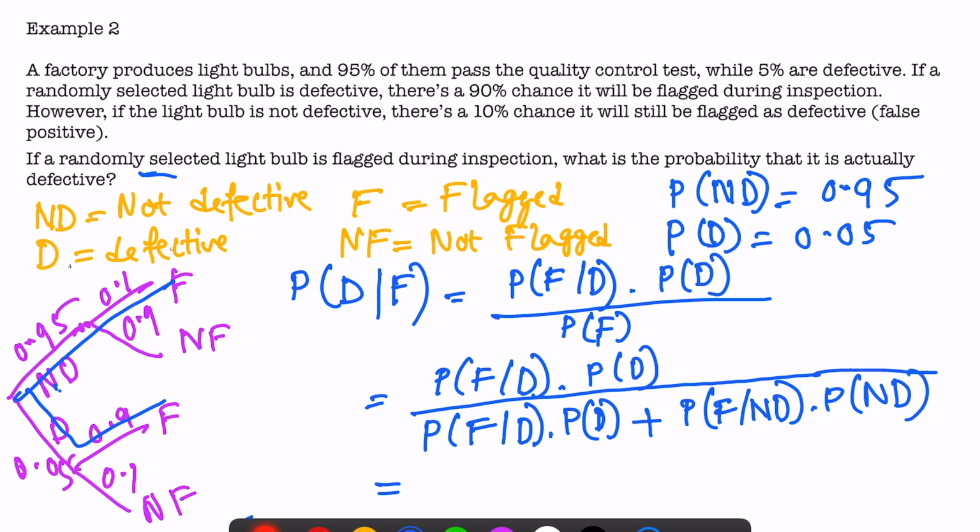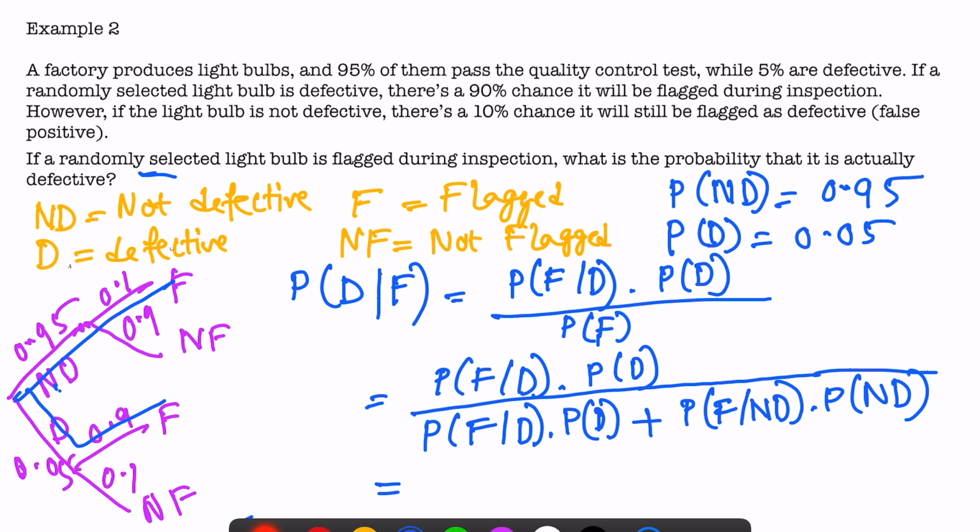So if you see from this tree diagram also, probability of flagged given defective is this path, multiplied by probability of defective, and probability of flagged given not defective, multiplied by probability of not defective. So actually we are just trying to sum up these two parts only, but now we are using this formula.